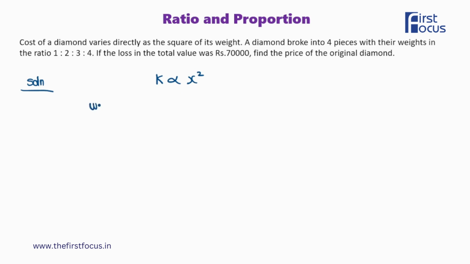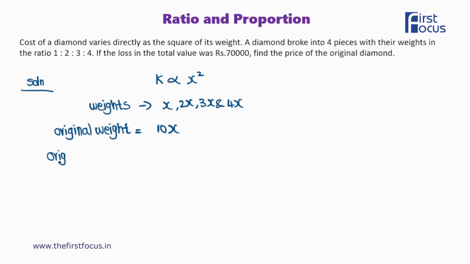So now the weights of the broken pieces of diamonds be x, 2x, 3x and 4x. Then the original weight of the diamond be the sum of the weight of the broken pieces, x plus 2x plus 3x plus 4x, which is equal to 10x.